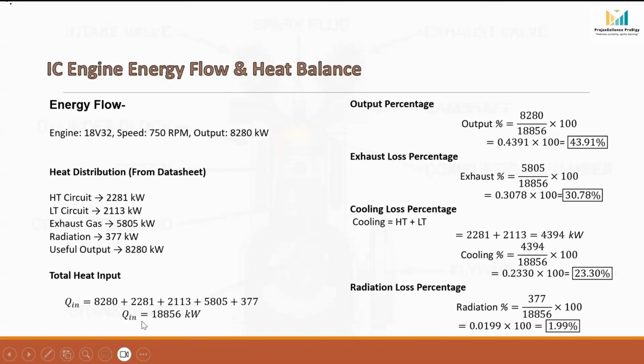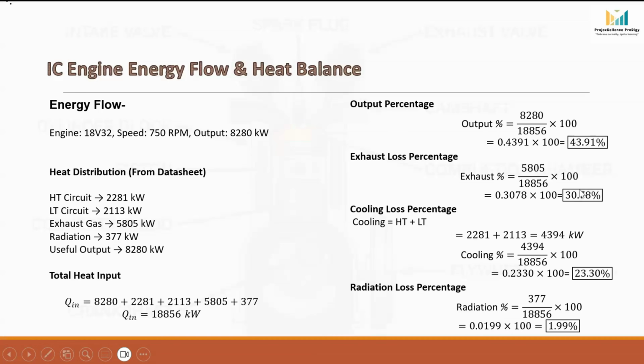If we add all these values, the total heat input comes out to be 18,856 kilowatt. This represents 100% fuel energy. Now let's look at the percentages. Here we can see only about 44% of the fuel energy becomes useful output.